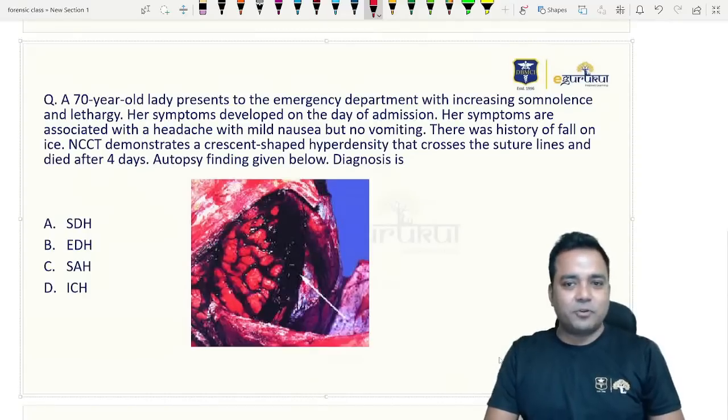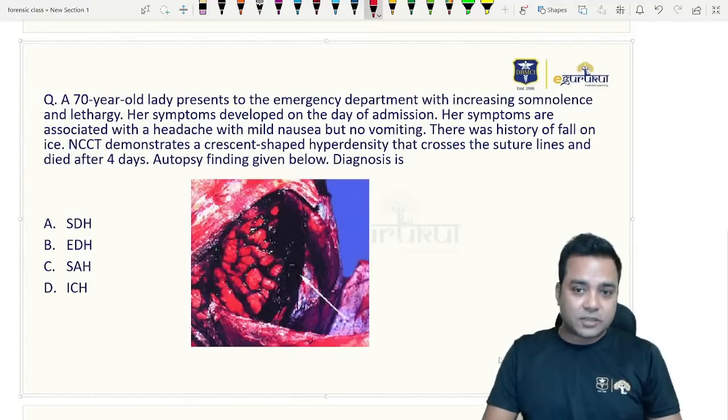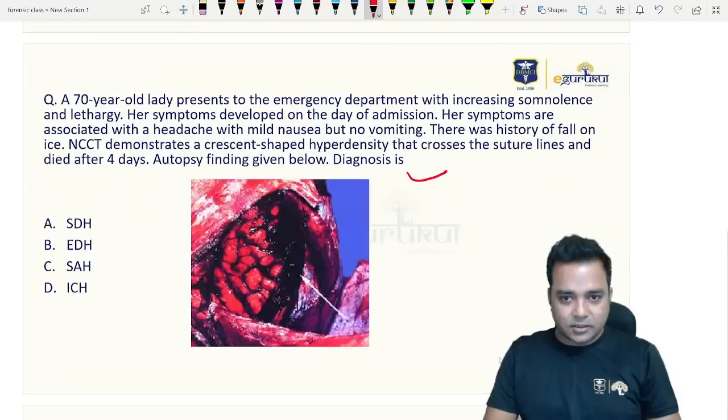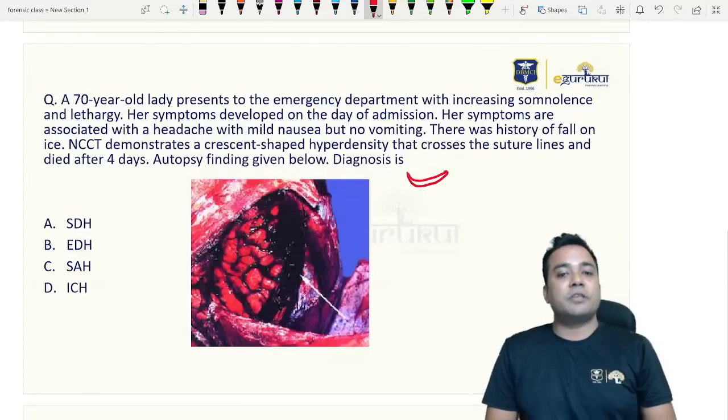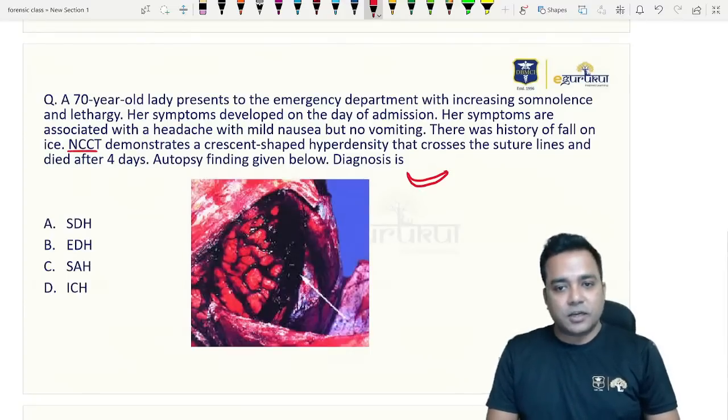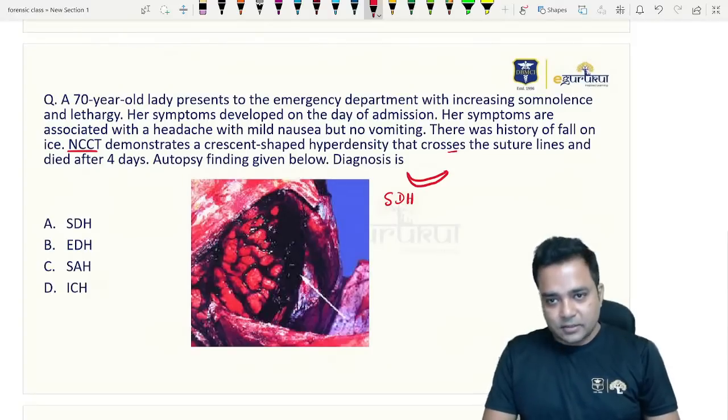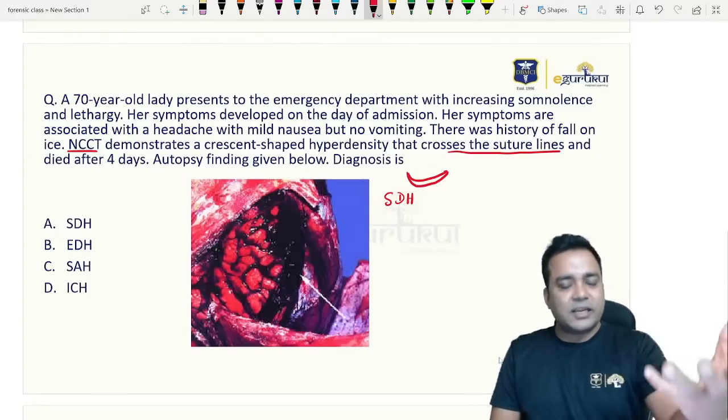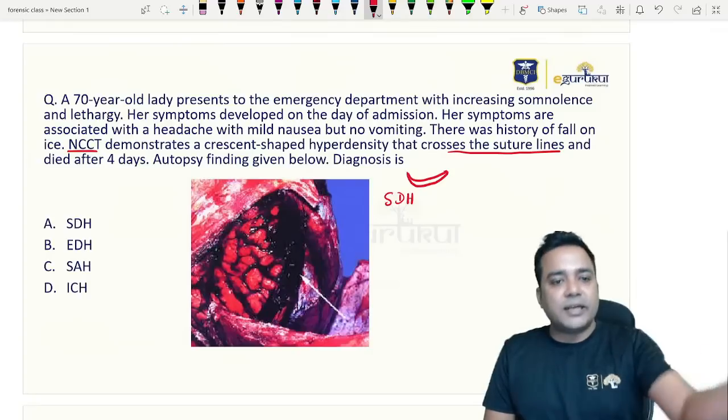Her symptoms developed on the day of admission. There was history of fall. NCCT demonstrates crescent shape. The moment you see this crescent shaped hyperdensity or concavo-convex appearance on NCCT, think towards SDH on CT. And yes, the hemorrhage is crossing the suture line, something like this was given, and the patient eventually died after a few days.